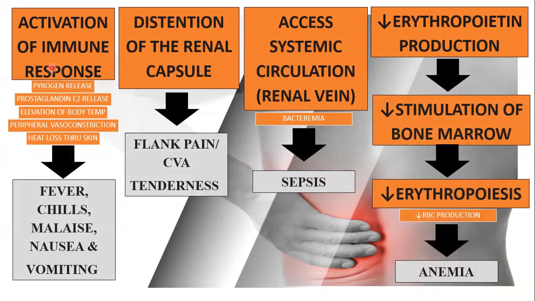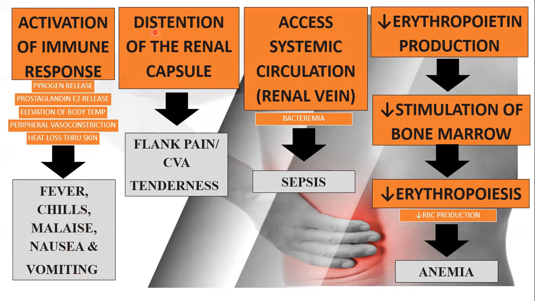For the activation of the immune response, there would be a pyrogen release, and prostaglandin E2 would also be released, and that would now lead to an elevation of the body temperature. And our body would compensate by peripheral vasoconstriction and heat loss through the skin. So this would be manifested as fever, chills, malaise, and nausea and vomiting.